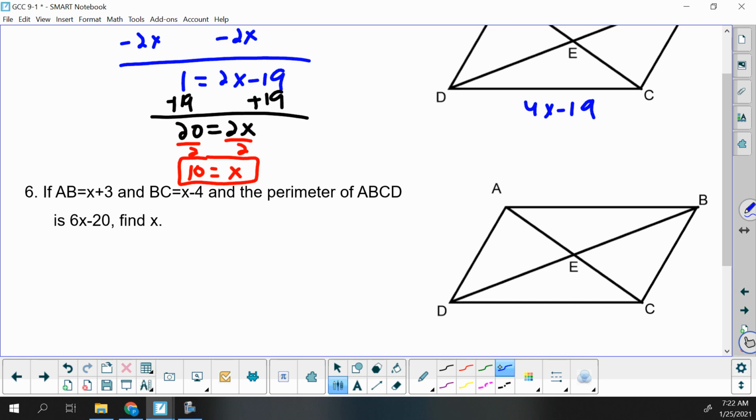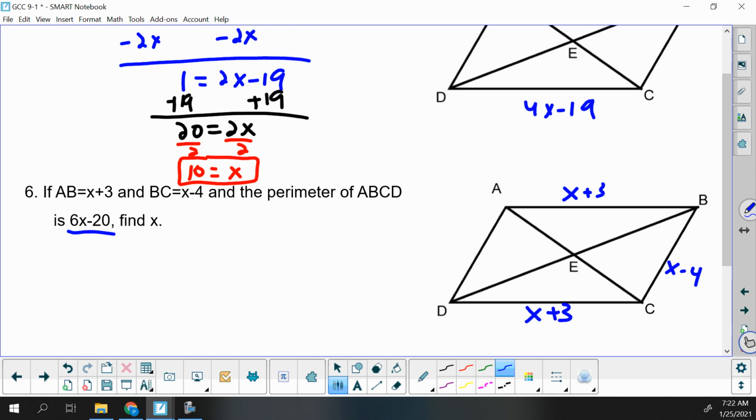All right, next one, AB is x plus 3. And BC is x minus 4. And then they tell us the perimeter is 6x minus 20. Well, if AB is x plus 3, because parallelogram implies opposite sides congruent, we know DC is also x plus 3.